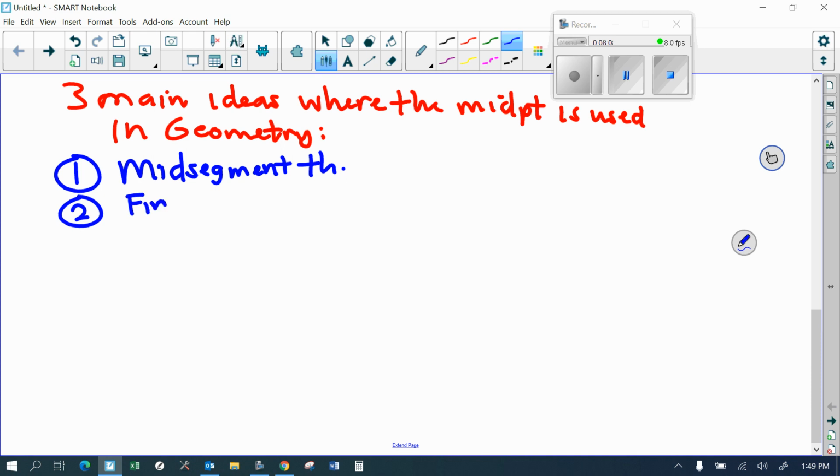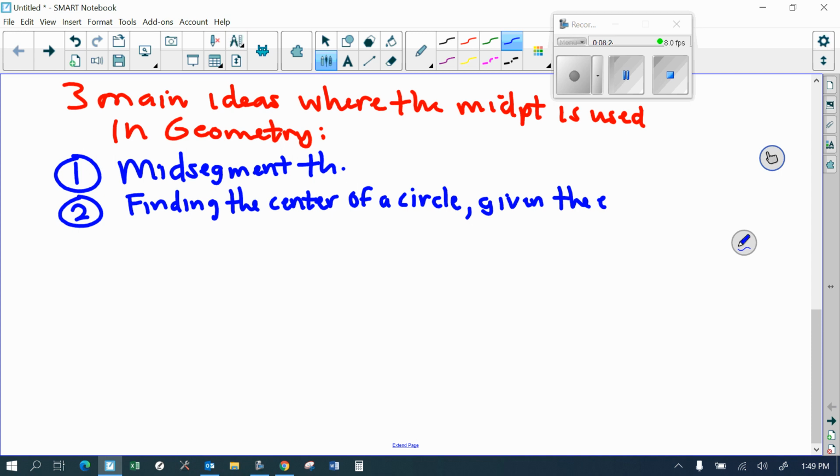Number 2, finding the center of a circle given the endpoints of the diameter.